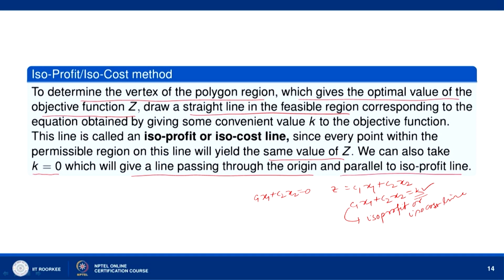So, take k equal to 0 and draw the line passing through the origin. The line c1x1 plus c2x2 equal to 0 will be the isoprofit or isocost line, and parallel to that will be a line parallel to the isocost or isoprofit line.